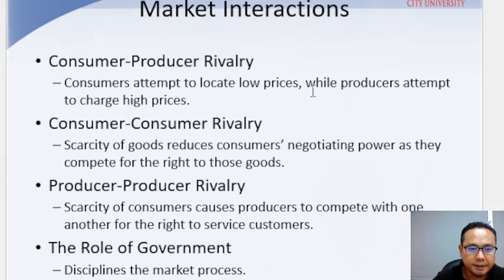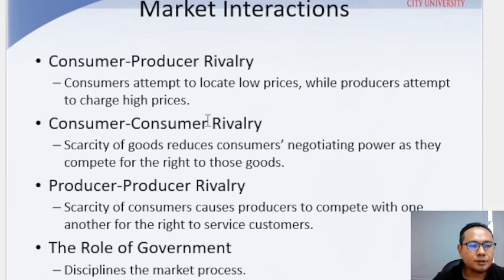what we call market interaction. Consumer-producer rivalry is where consumers attempt to locate low prices, while producers attempt to charge high prices. That's normal. As consumers, we are looking for the lowest price and the highest quality, even though that's sometimes quite impossible to achieve.